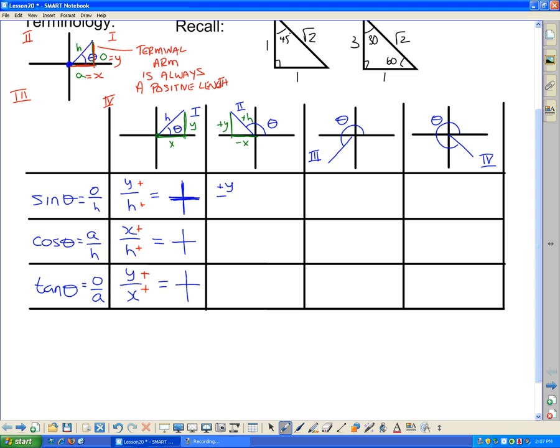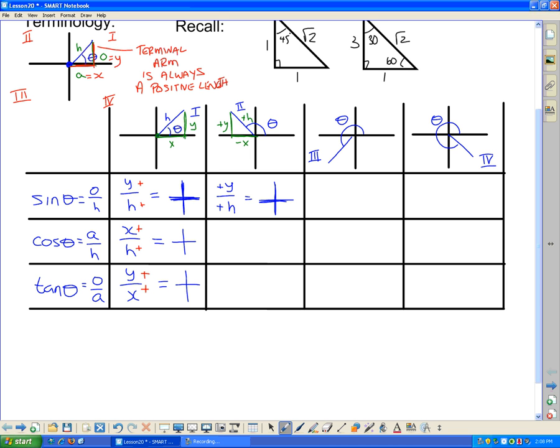So positive y over the hypotenuse, positive h. All right, it always remains that. Even though the angle, the way we're drawing it, and we're going to talk about this a little bit later on, even though the angle is outside the triangle, when we use the Cartesian plane, it's still opposite divided by hypotenuse to get that angle. Positive divided by positive will be a positive.